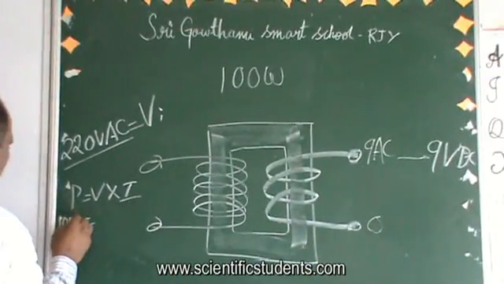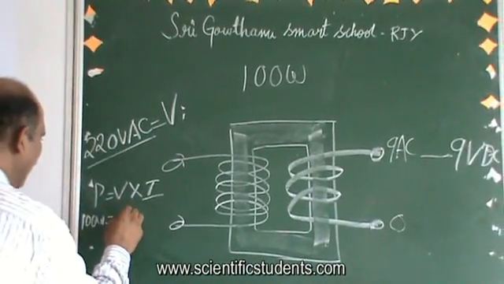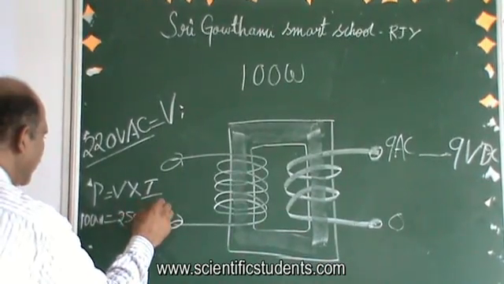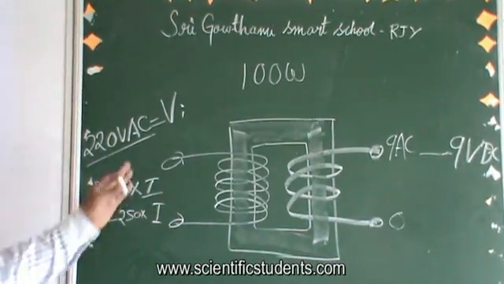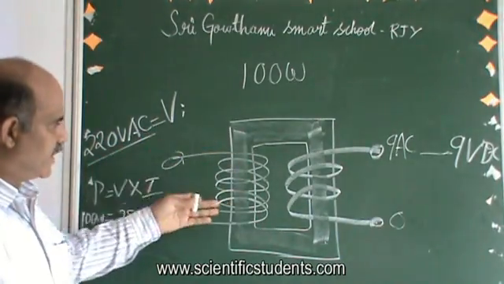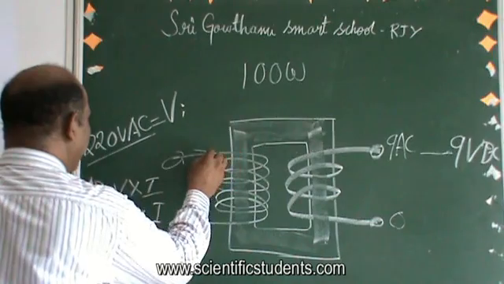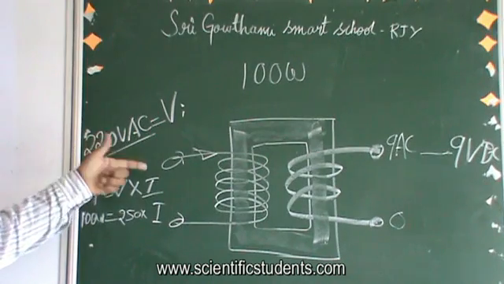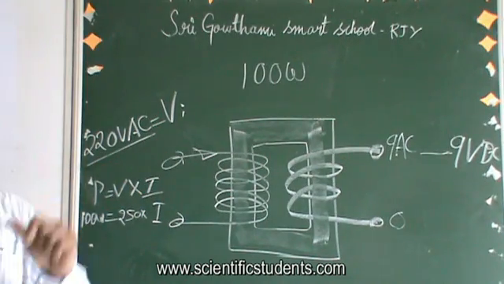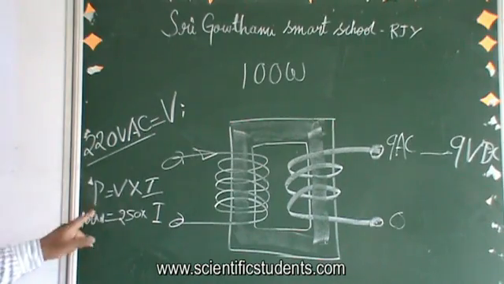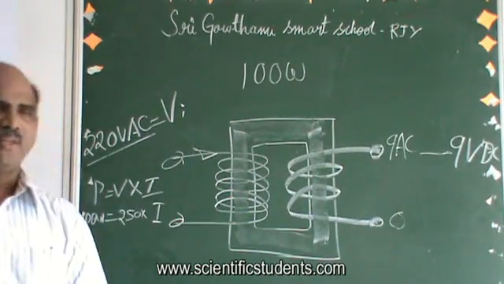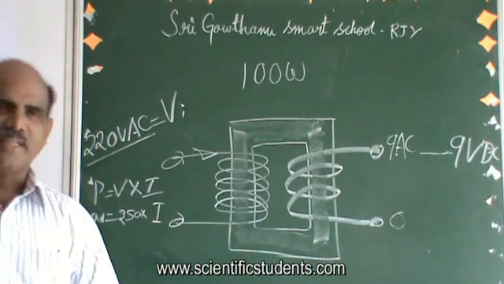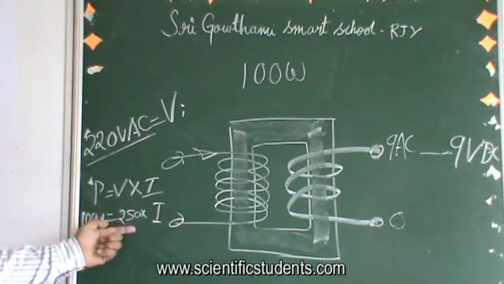So 100 watts is equal to maximum 250 volts into I. What is the current going to be in this primary circuit, the current entering this primary winding? The voltage given at the primary can go up to 250 at maximum. But you know for sure my transformer is going to handle only 100 watts. In that case, 100 watts is equal to 250 into I.